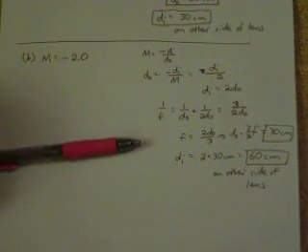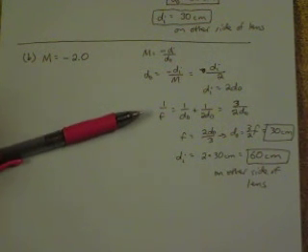Plugging into the thin lens equation, 1 over f is 1 over do plus 1 over di, but let's make di 2 do. Let me start that again. 1 over f equals 1 over do plus 1 over 2 do.